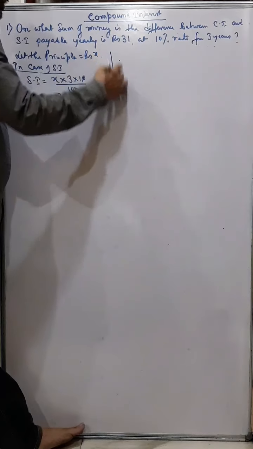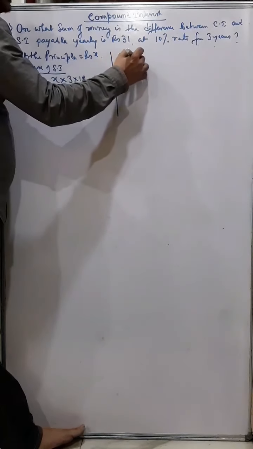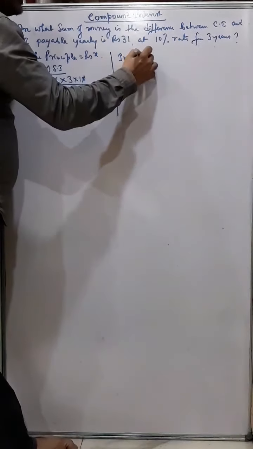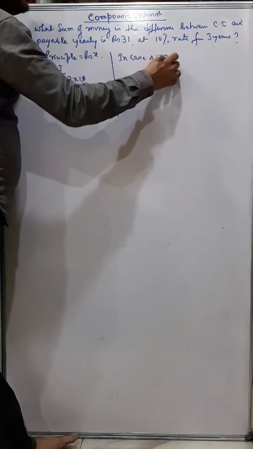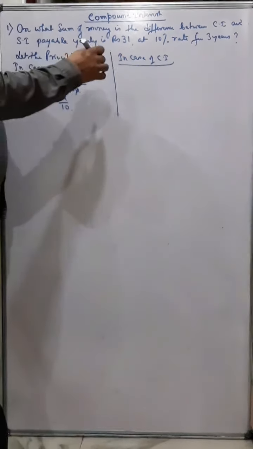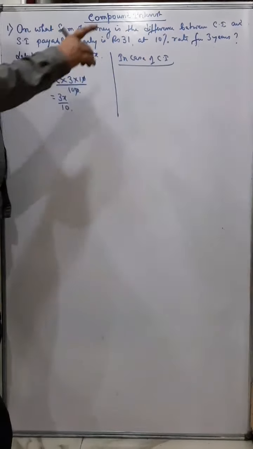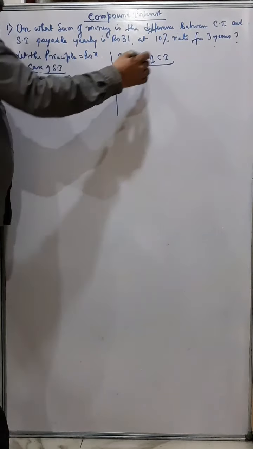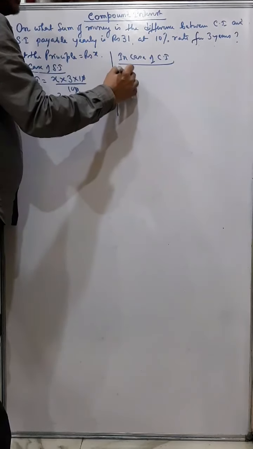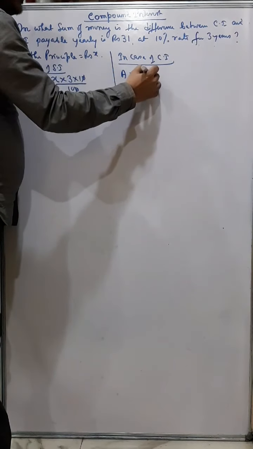And similarly now, in case of CI, as I told you, directly there is no such formula for CI. First we'll get amount and then we'll get CI. So first we'll get amount: P into 1 plus R by 100 to the power n. Now what was the principal?